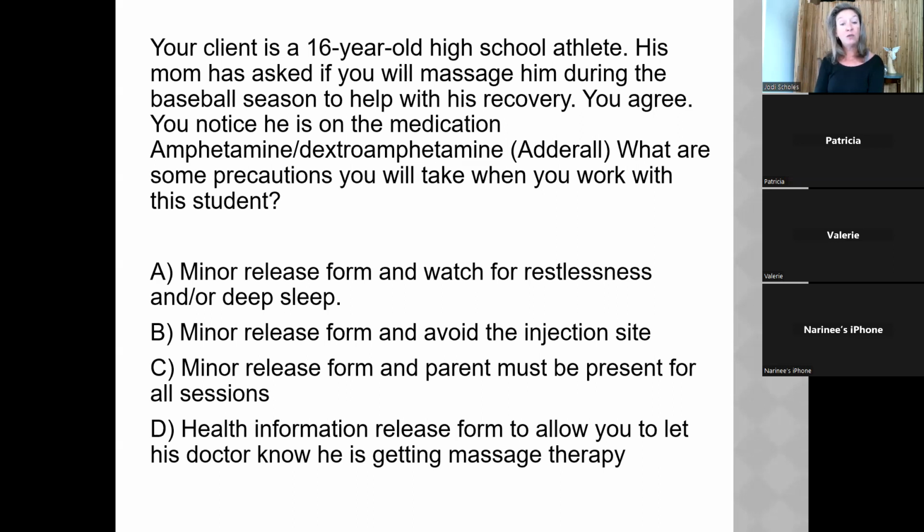A, minor release form and watch for restlessness and or deep sleep. B, minor release form and avoid the injection site. C, minor release form and parent must be present for all sessions. D, health information release form to allow you to let his doctor know he's getting massage therapy.